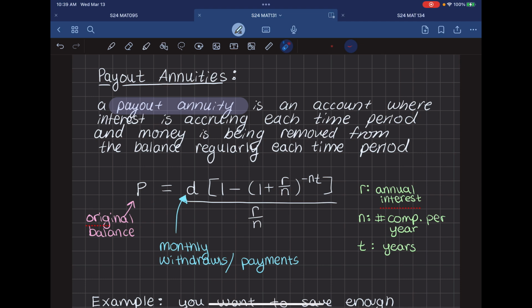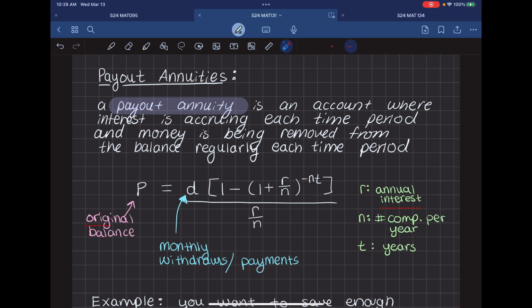It's your starting balance, or it is when you retire, that lump sum that you have that you're going to start making withdrawals on. And that brings me to D, which is now your monthly activity. So it's either your withdrawals if it's a retirement account, or your monthly payments.